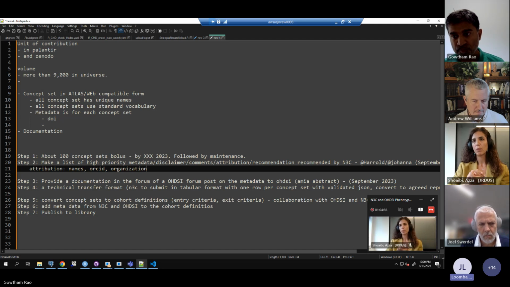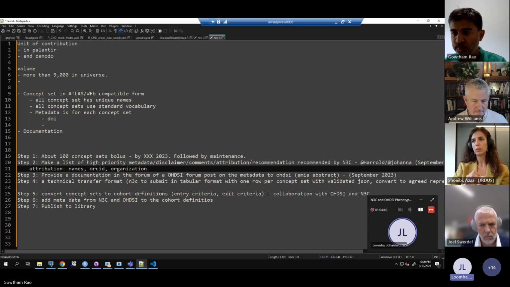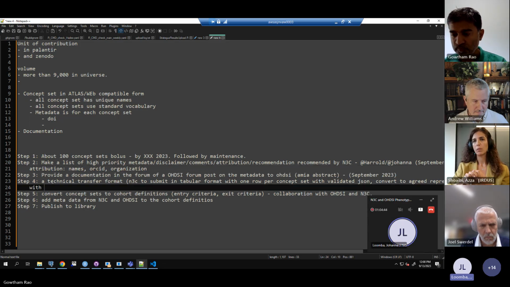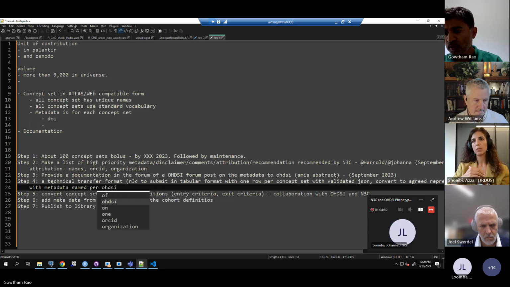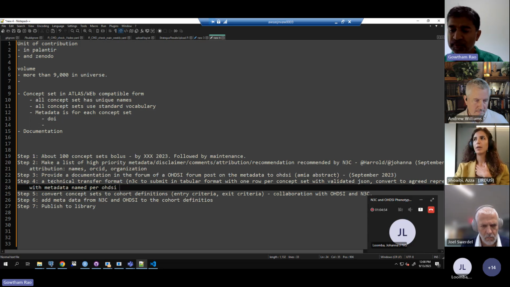That sounds great. So on step 4, would you like to add to that comment to say with metadata named per OHDSI standard when possible? Yeah, it doesn't have to be perfectly named because we can always rename it.